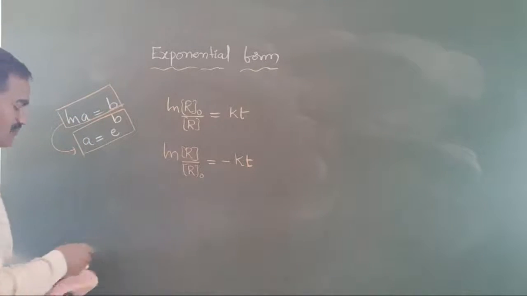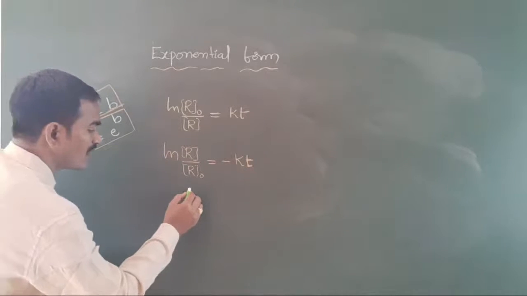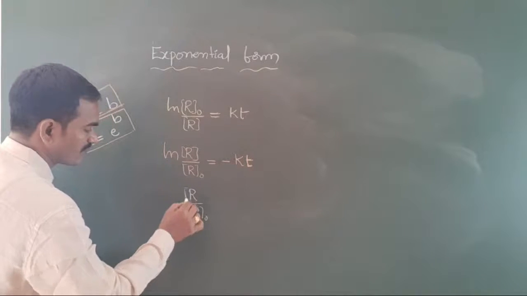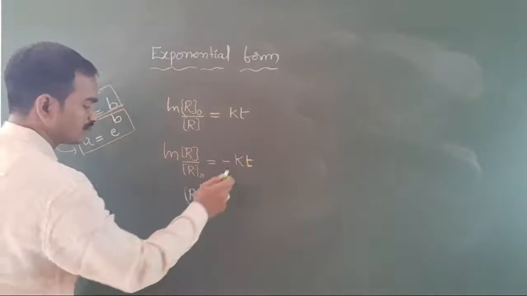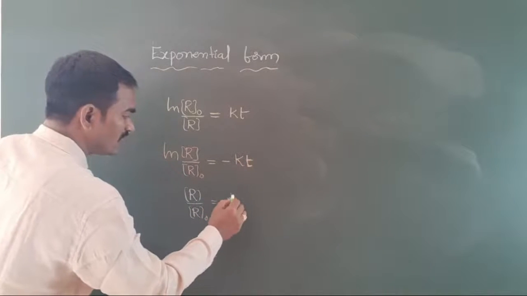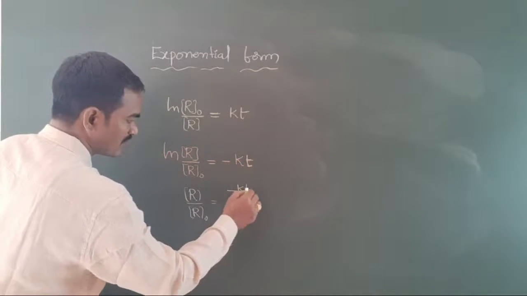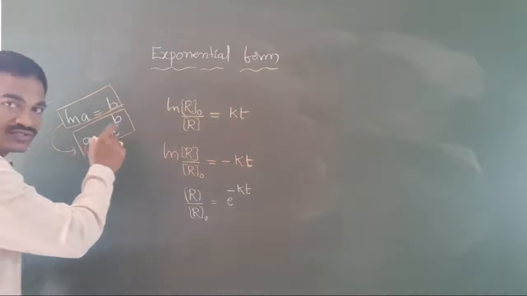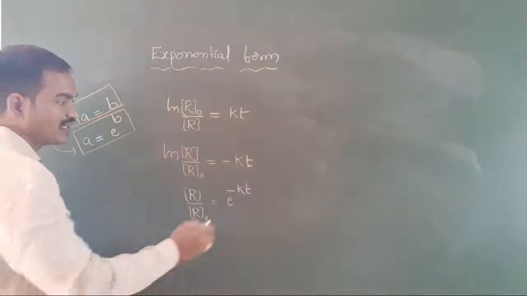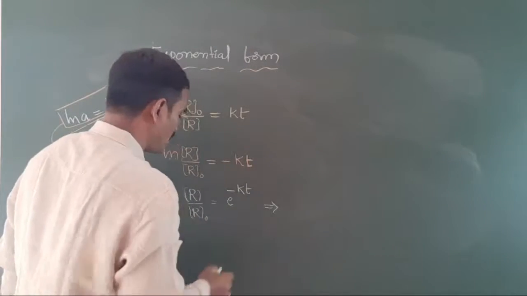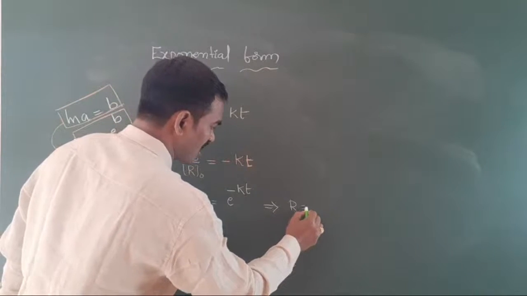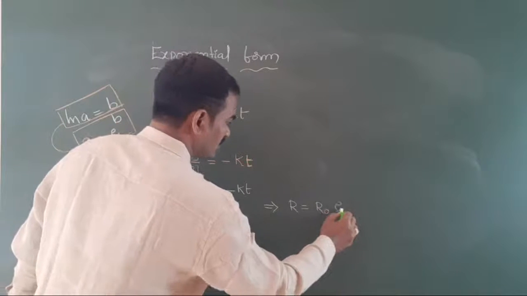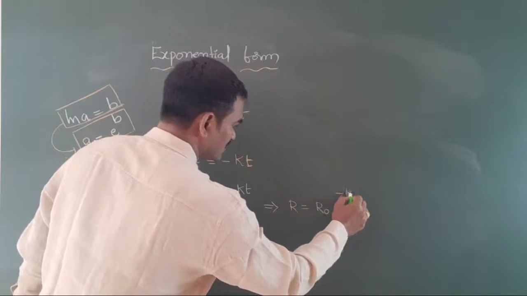Here see ln, this one is there, no? We are going to change it to R by R naught is equal to e to the power minus kt. Have you got what I am saying here? So we have used this formula. Is it clear? Now finally we can write R is equal to R naught into e to the power minus kt.